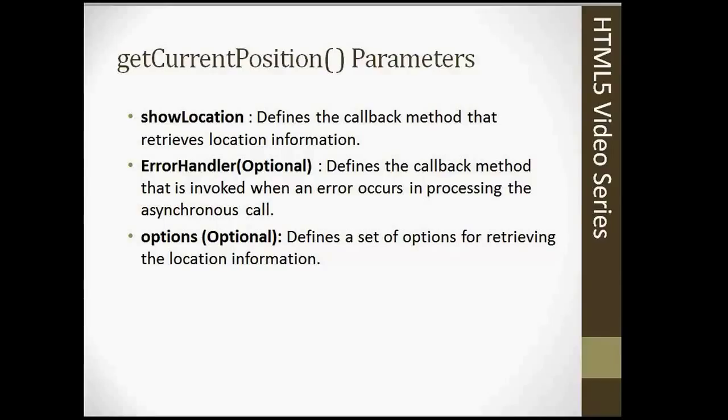And next is the error handler, a method which is invoked if there's any kind of error or if the positioning fails. And then finally we have the options parameter, which will define a set of options that I can show you when we start the programming.